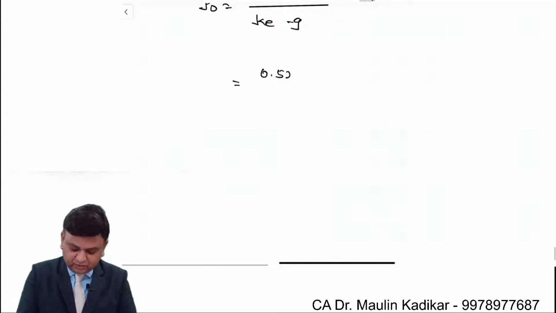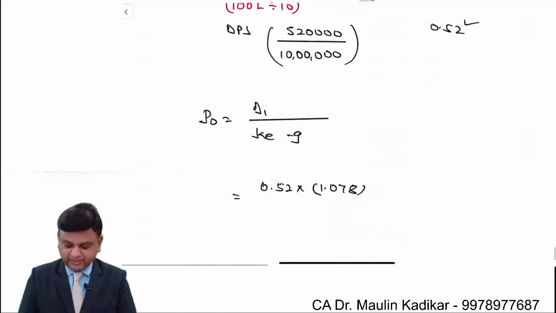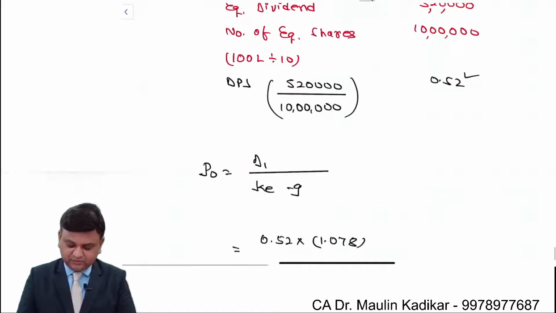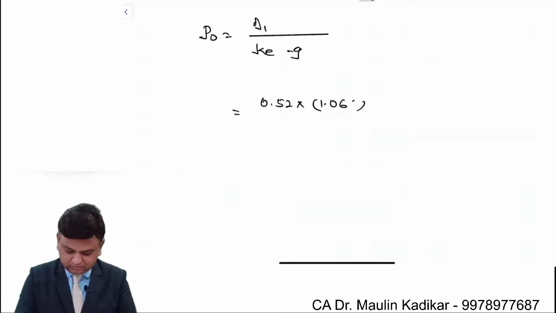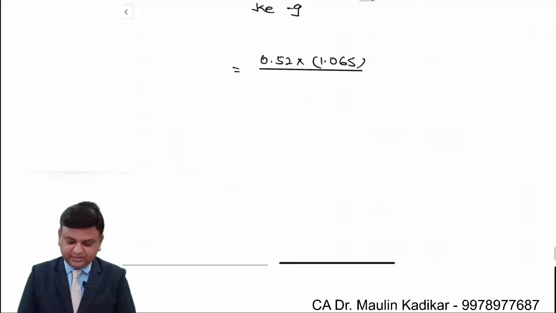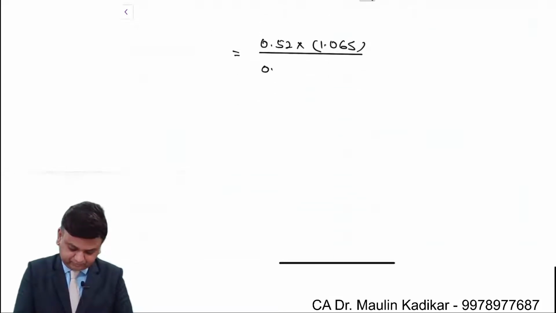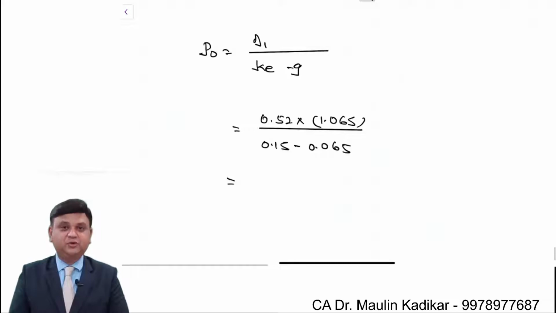So 0.52 into 1.065. That is the way the D1 will be found. Divided by cost of capital 15% less 0.065. With that, we will make the calculation of P0.